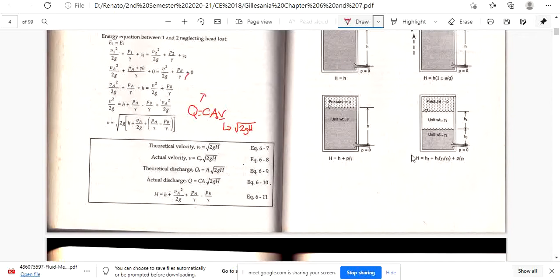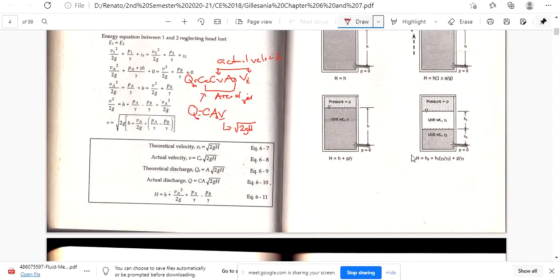So remember that Q is equal to CC CV AO VT, because CC AO is the area of the jet, and CV VT is your actual velocity.